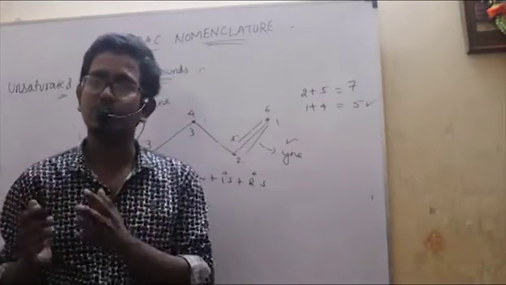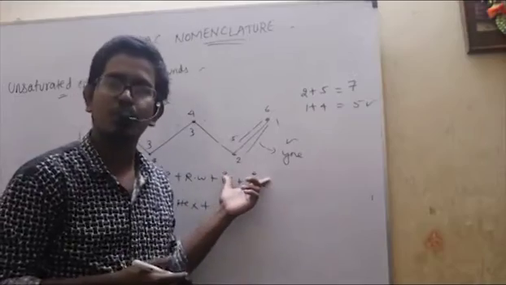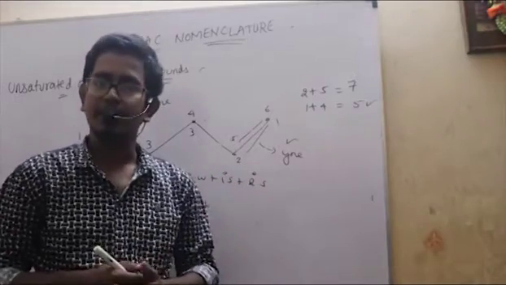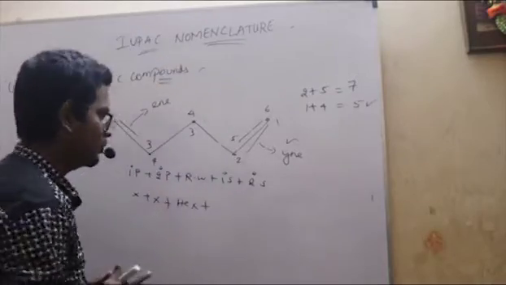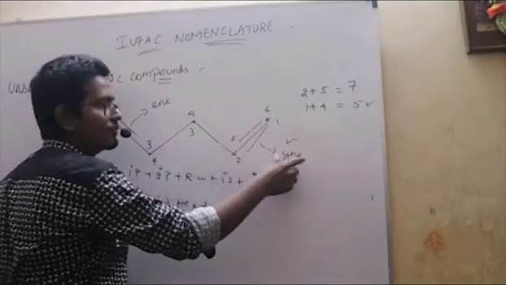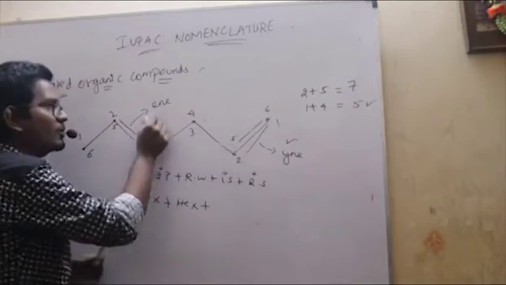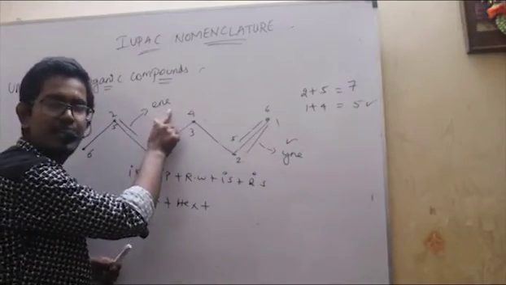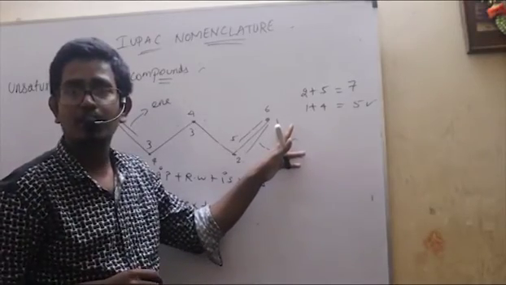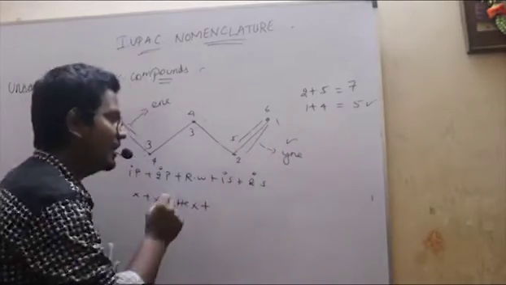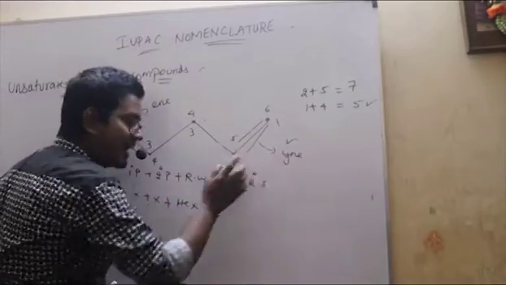In the substituent case it is the same, and in an unsaturated organic compound it is the same if a double bond and a triple bond are present in the same compound. Here, for the triple bond it is yne, for the double bond it is ene, right? As the triple bond is getting the number 1, it doesn't mean we should write yne first.